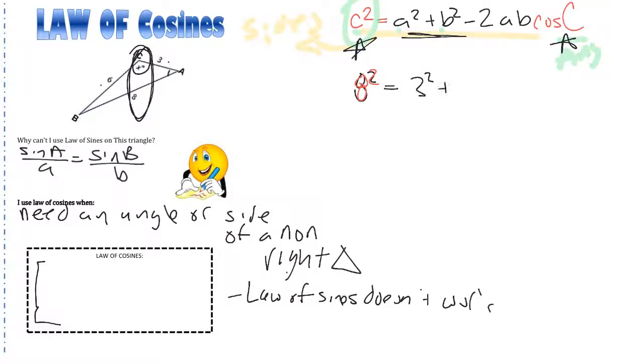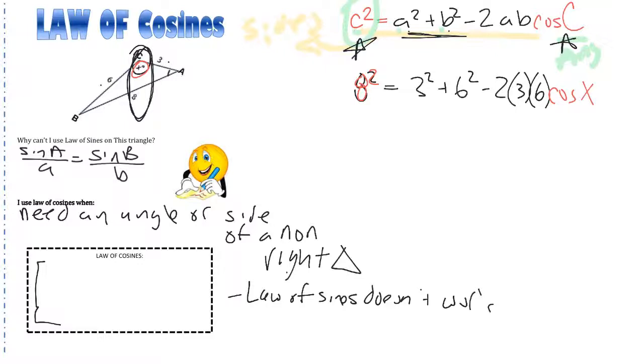The order doesn't matter here, so it's 3 squared plus 6 squared. I could also write 6 squared plus 3 squared. Minus 2 times those two sides again, 3 and 6. Then cosine of the important angle, and this angle is important because it's the one we're trying to find. So cosine of that angle x. That's how we set up the law of cosines.